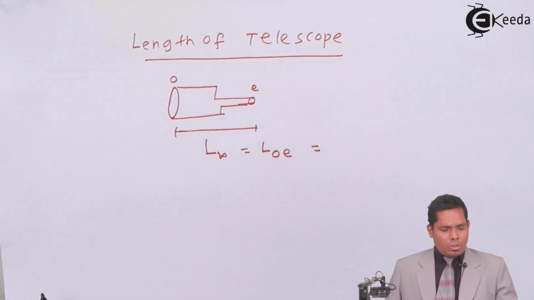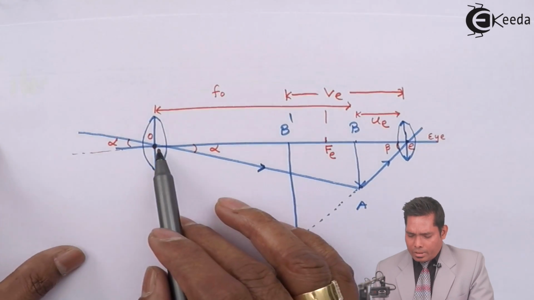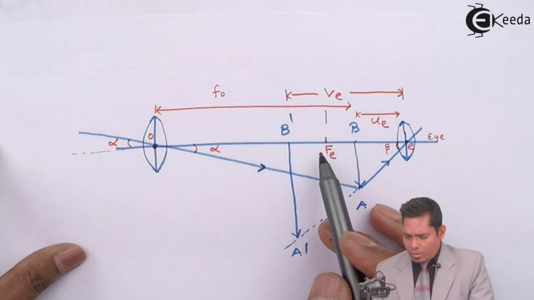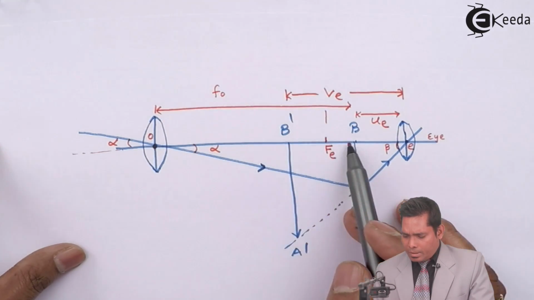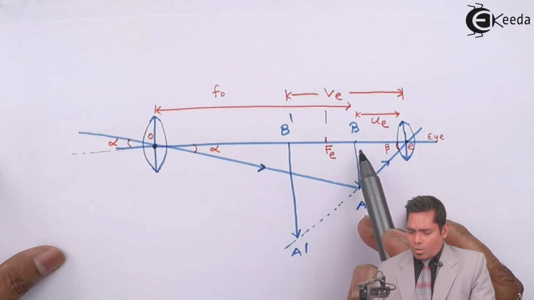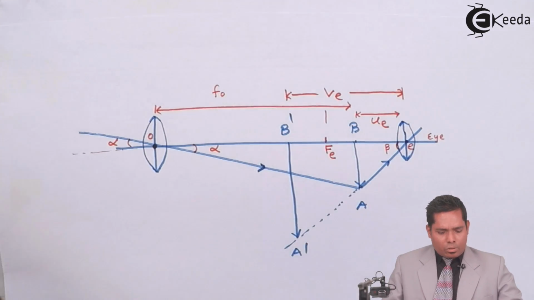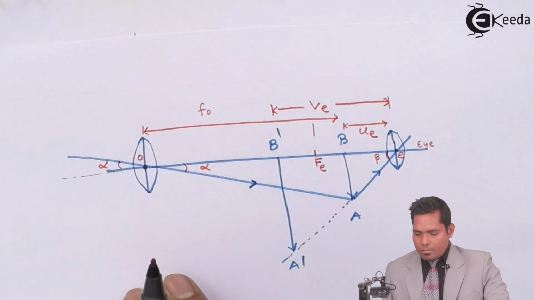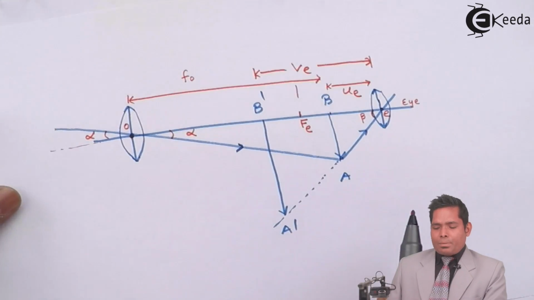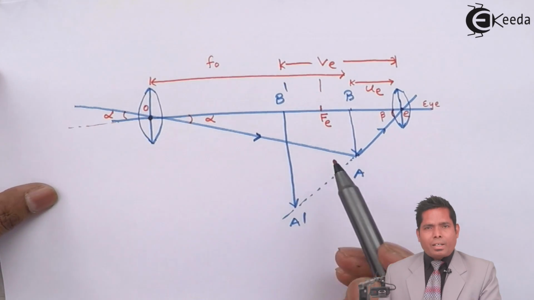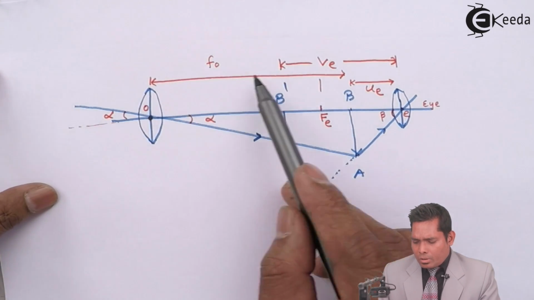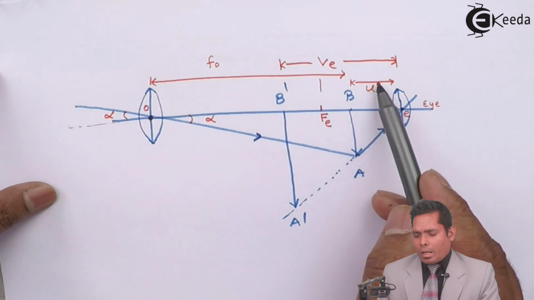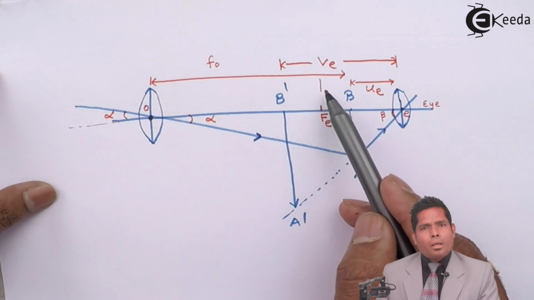That is equal to, you can see from the diagram, this length plus this length, because the object has to be placed at infinity. So the better diagram will show here that when the final image is formed at infinity, this distance UE has to be FE.